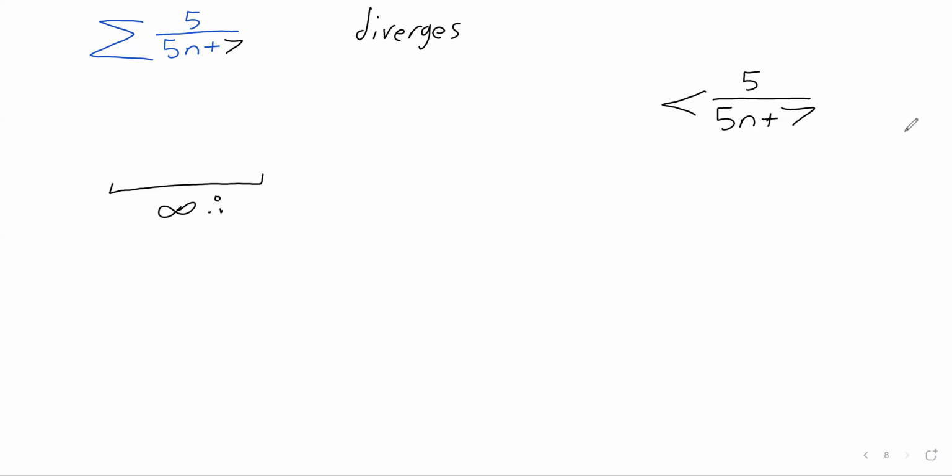If we get rid of this +7, we're going in the wrong direction. So what can we do? And here's where we have to use our creativity, and problems can get difficult.